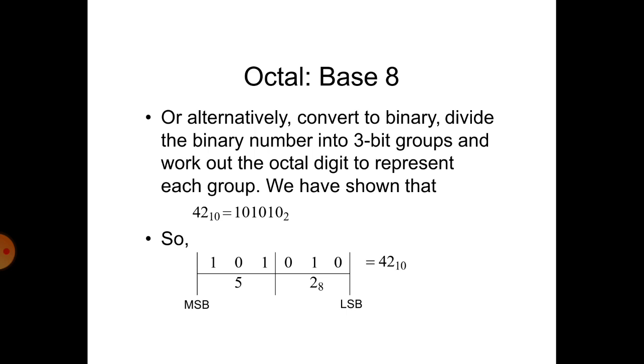So the next is octal, base 8. The alternative is to convert to binary: divide the binary number into 3 groups and work out the octal digit to represent each group. So we have shown that 42 to the base 10 is equal to 101010 to the base 2.